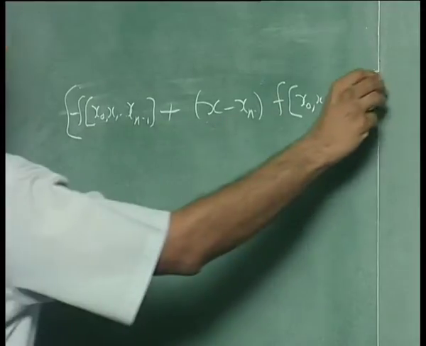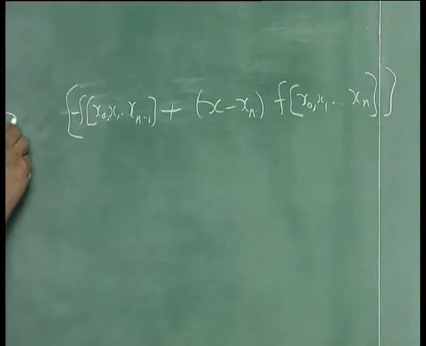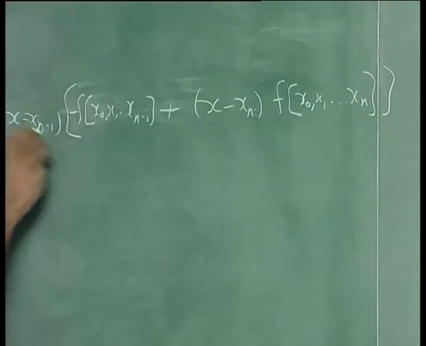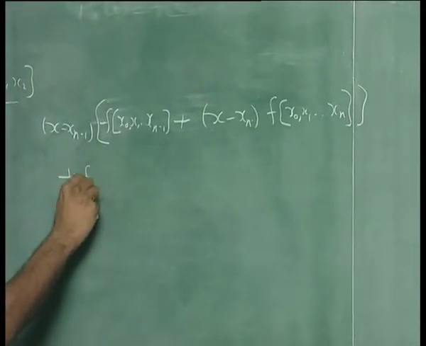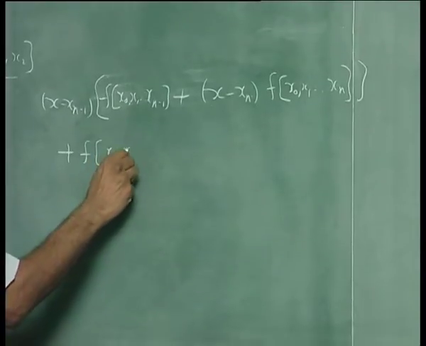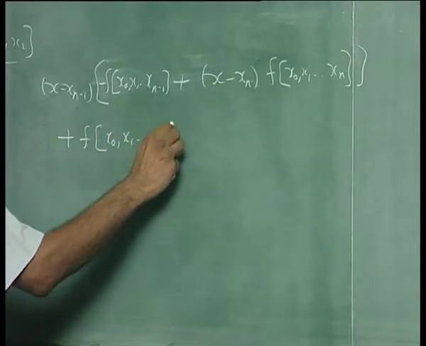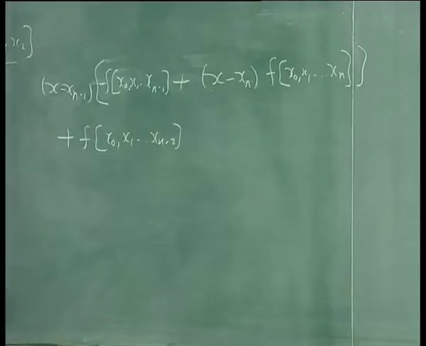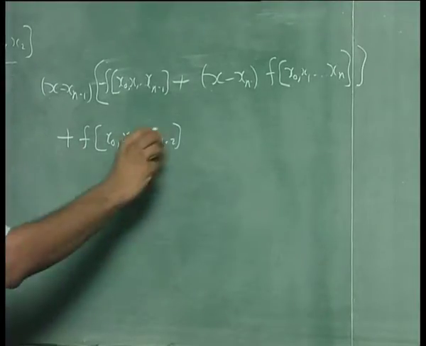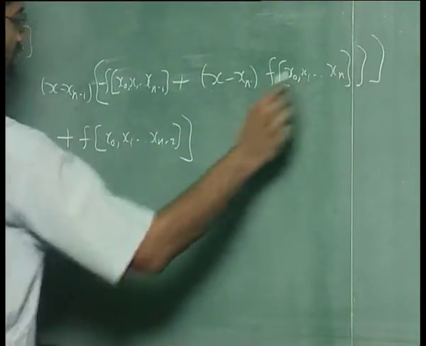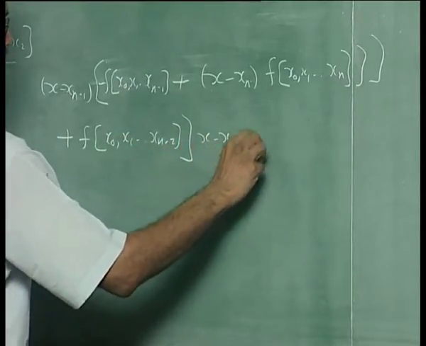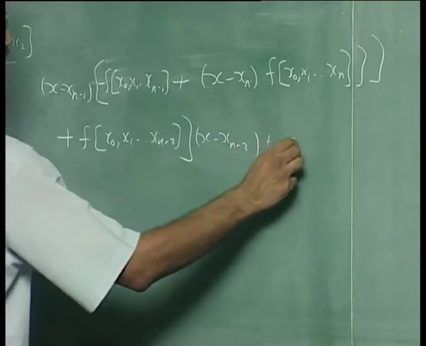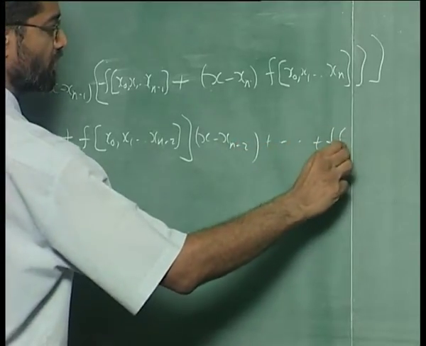Okay, then I put a bracket there. Okay, and I multiply this by x minus xn minus 1. Okay, and then I add another term which is f of x0, x1 up to xn minus 2 as the next coefficient, okay, to this, and then I put another bracket there, and then I multiply this by x minus xn minus 2, etc. So, I continue it this way till I reach f of x0.